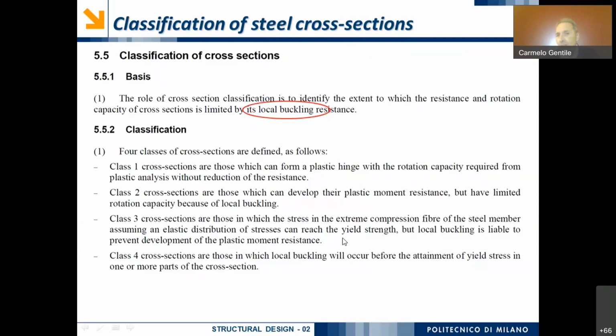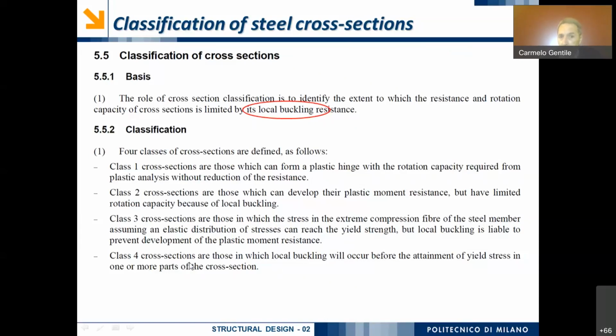It means that there is the possibility of buckling, and so I can look at the development of the maximum elastic moment, okay? Assuming an elastic distribution of stress, it can reach the yield strength. We are referring to the extreme compression fiber, okay?